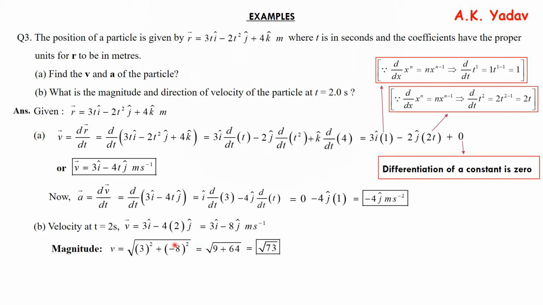We put the values and we get magnitude of the velocity v equals under root of 73. Direction is tan theta equals the y component divided by the x component of the velocity, that is minus 8 by 3, or we can say theta equals tan inverse of minus 8 by 3.